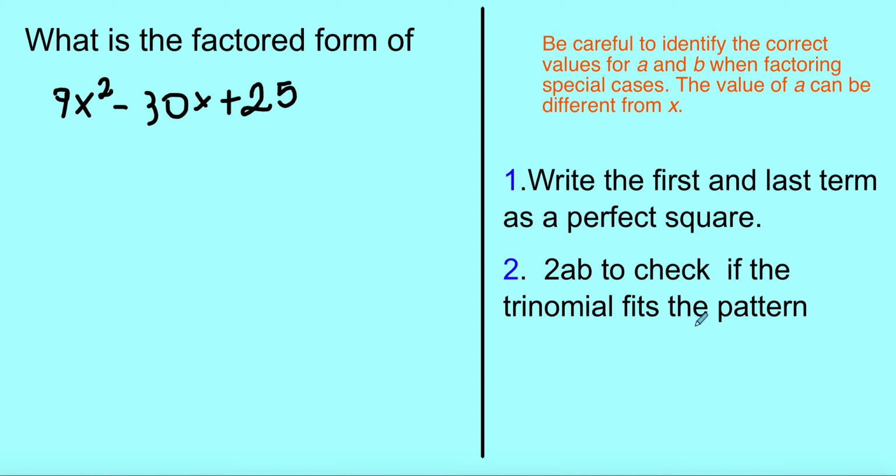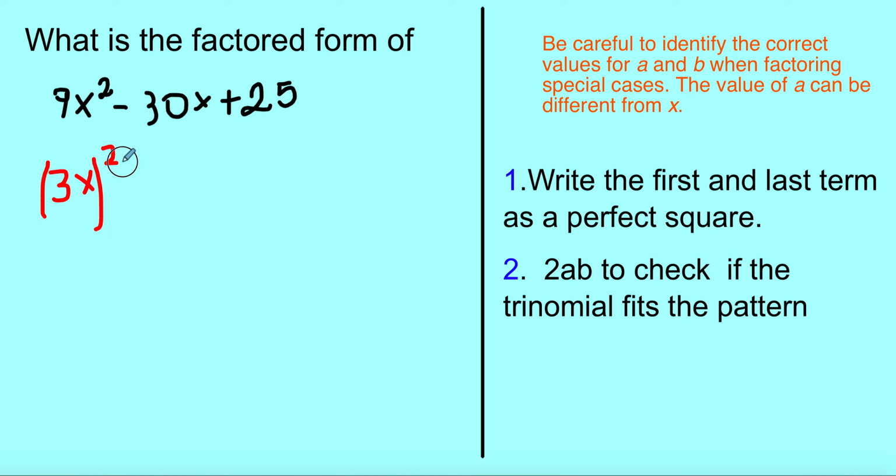Now, what we do in this case is first we write the first and last term as perfect squares. Let's see here. 9x squared we can write as 3x squared.